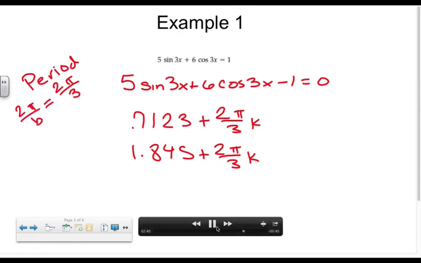Both of these values are within the period 0 to 2 pi over 3. So make sure that you're not going over or under the period when you're looking for the values. You need to make sure you include all of them. Usually there's only 2, sometimes there's 3, sometimes there's as many as 5 or 6.